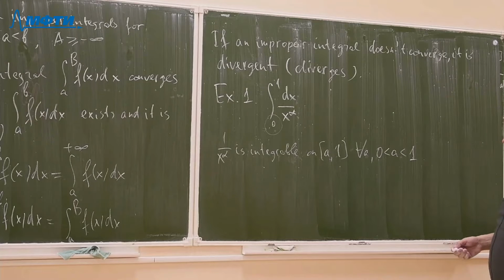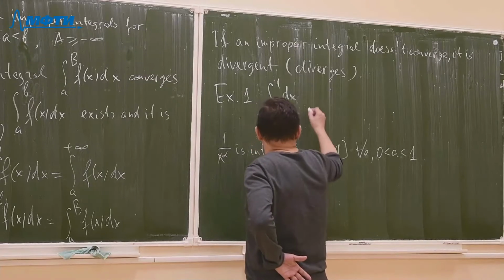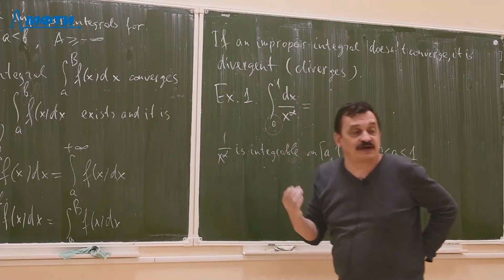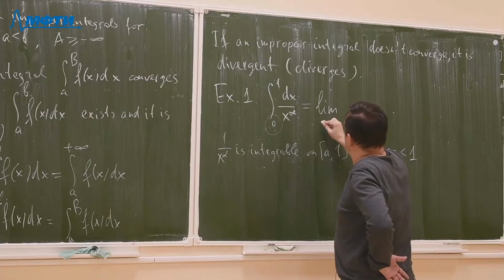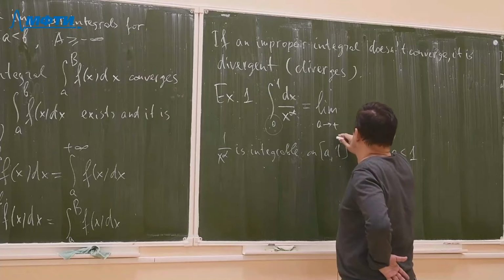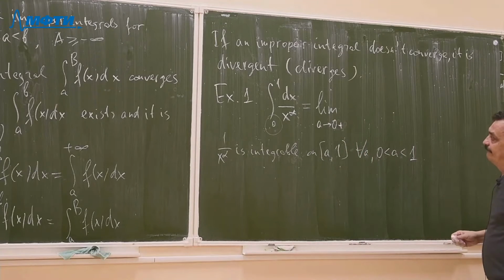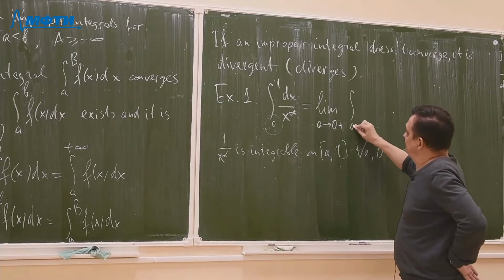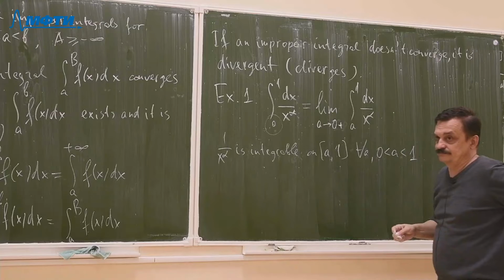Now, what is the sense behind it? The sense, okay, I should write limit as a tends to 0 plus, integral from a to 1 dx over x power alpha.